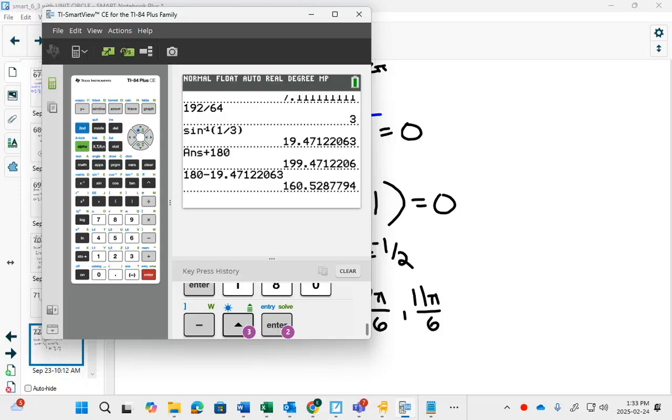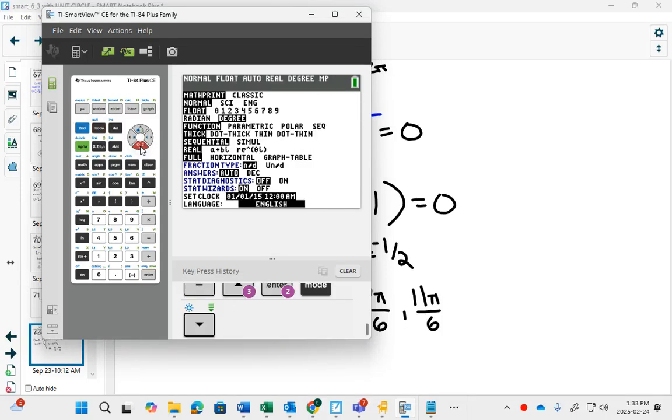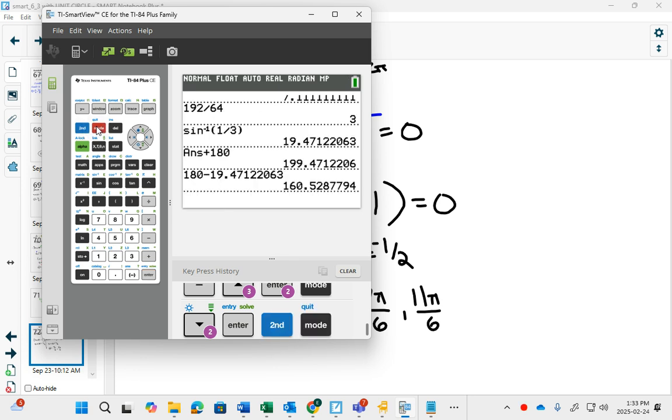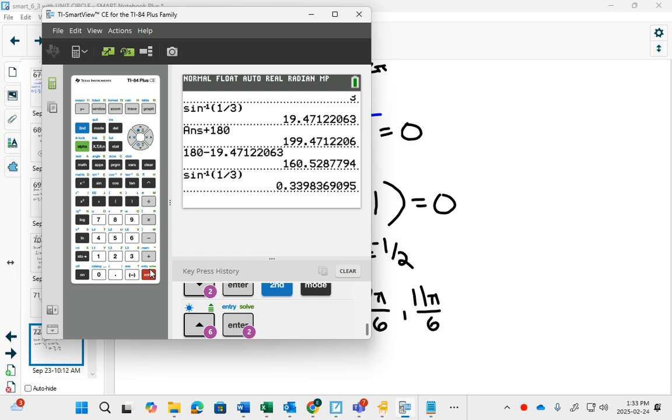So you go to your calculator, but now on your mode button, you change it to radians. And you start by doing sine inverse of 1/3 just like before, but now instead of giving me an answer in degrees, it gives me an answer in radians, 0.340. That's my reference angle. I can write that down.